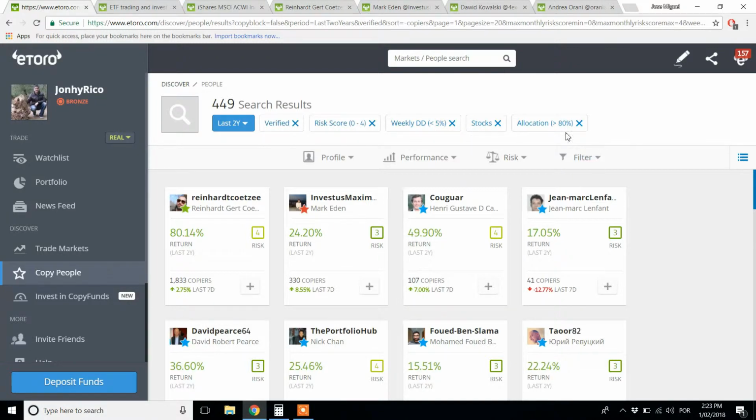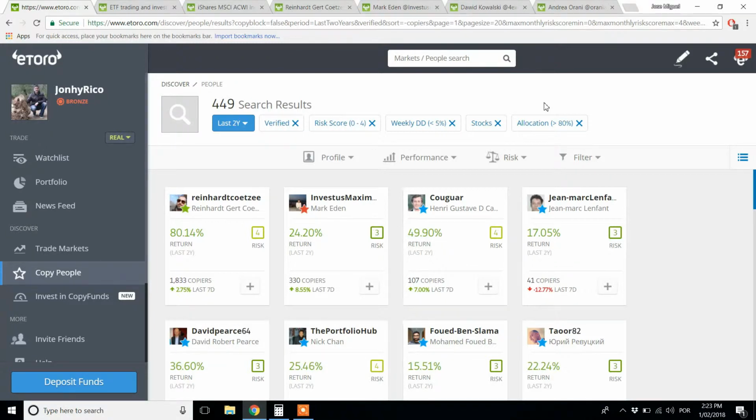I also put on a filter of a minimum of 80% allocation to stocks, currencies, and indices. I ended up finding 2 traders for stocks, 1 for currencies and 1 for indices, and I would put 15% on each of those 4 traders.